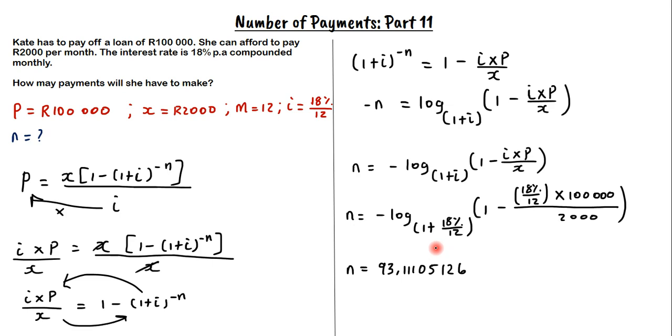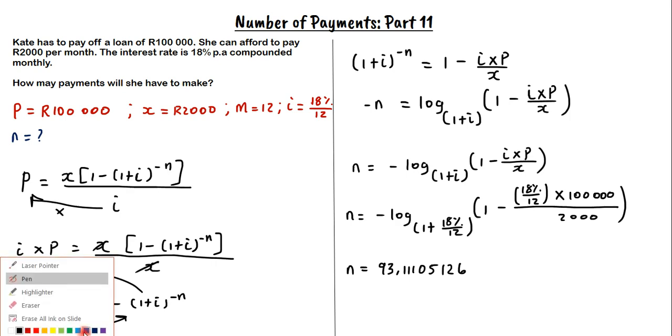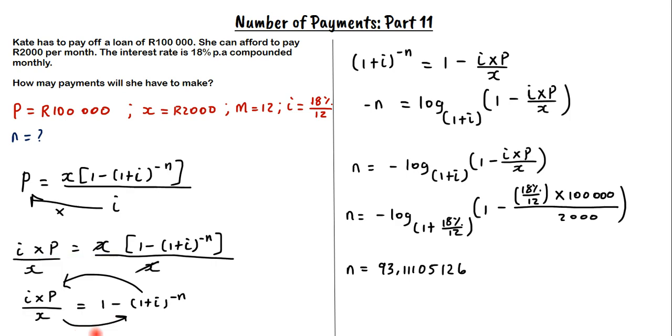Before we get into our final answer, we need to explain what this answer means. When you talk about n, remember n is the number of payments. By law or by loan agreements, it's supposed to be a whole number. So once the value becomes a decimal like this, it means one thing: this 93 here is the full 2,000 payments.